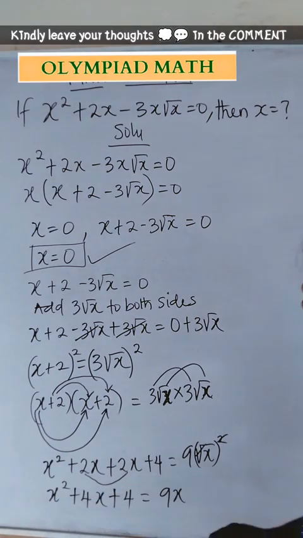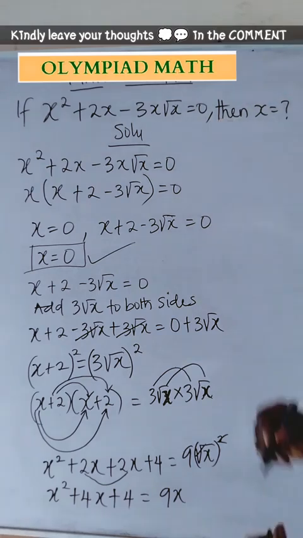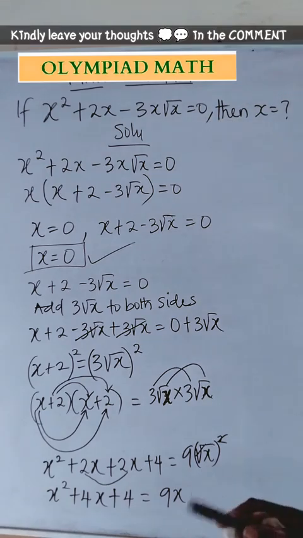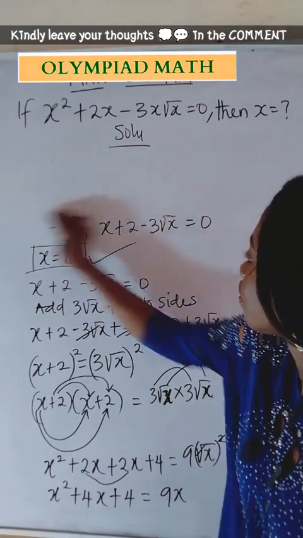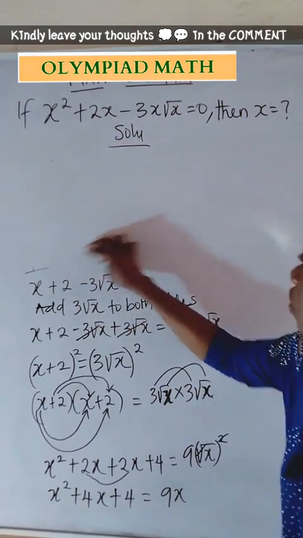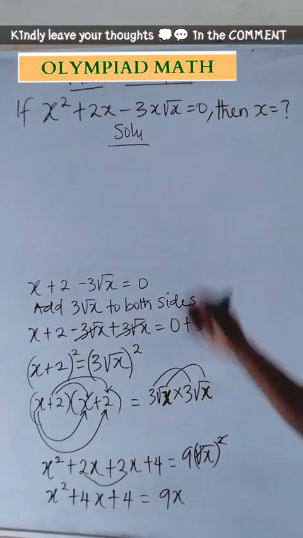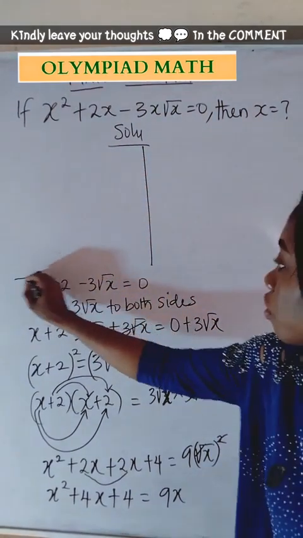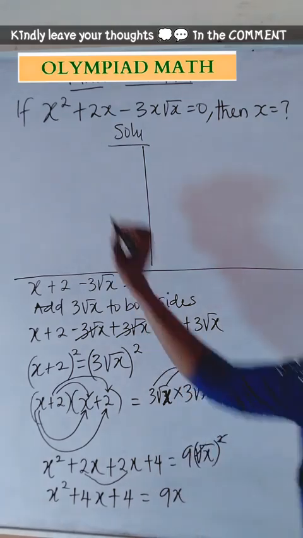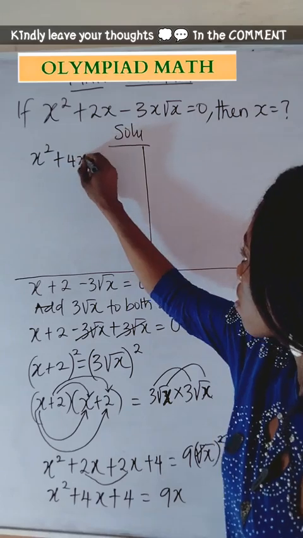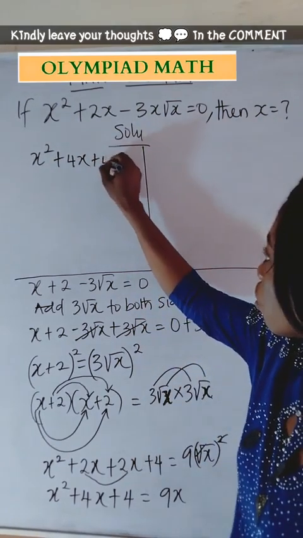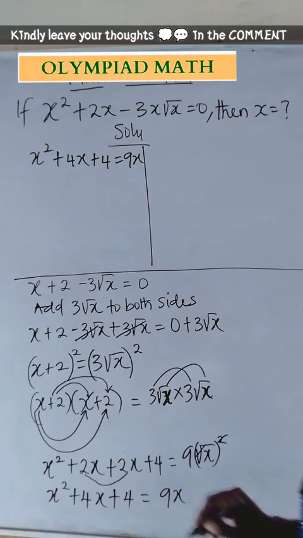So at this point, what do we do next? We are going to gather them together again. To do that, we are going to have, let's take the upper part. So what we have there is x squared plus 4x plus 4 is equal to 9x.